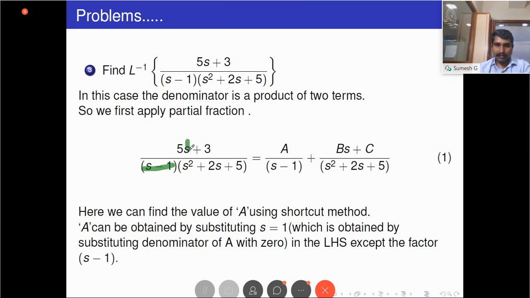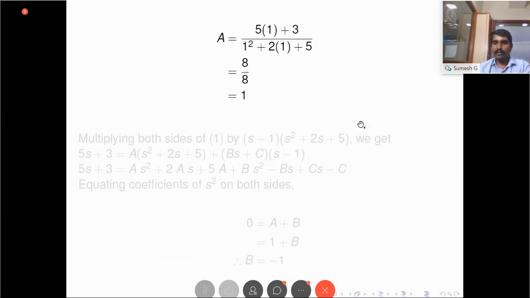So here s is replaced by 1, here s is replaced by 1, here also we replace by 1. So we obtain the value of A equal to 8 divided by 8, that is 1. To find B and C, we have to apply the conventional method or general method.